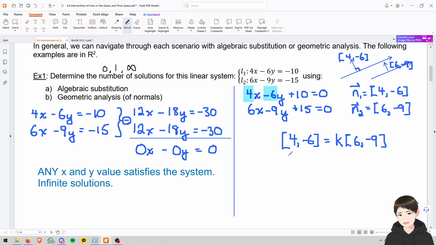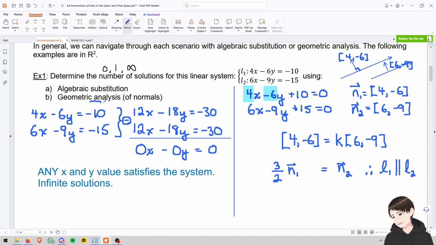If I take 4, -6 and multiply by 1.5, 3/2 times the normal would be equal to normal 2. What does that mean? If the normals are essentially collinear, then the direction vectors are also collinear. So I can say line 1 is parallel to line 2.